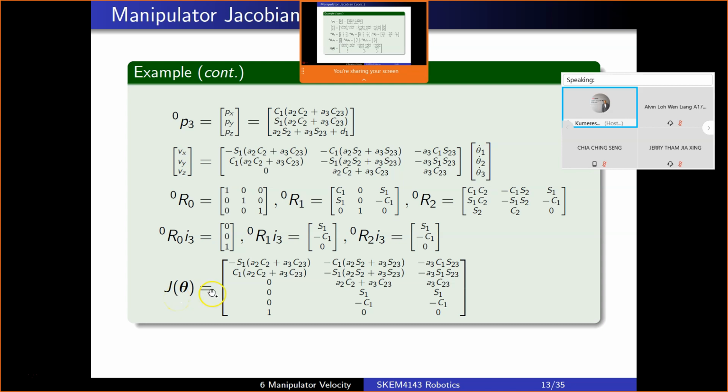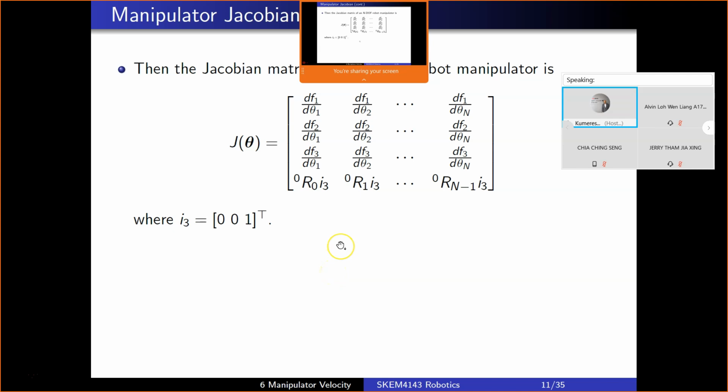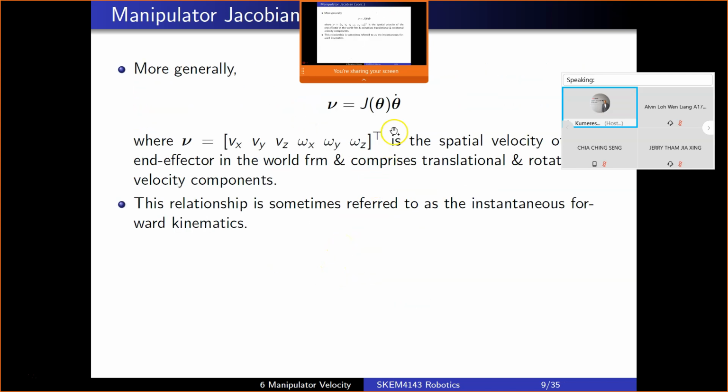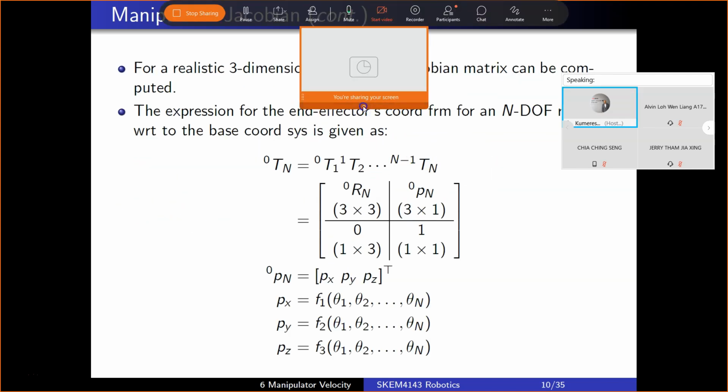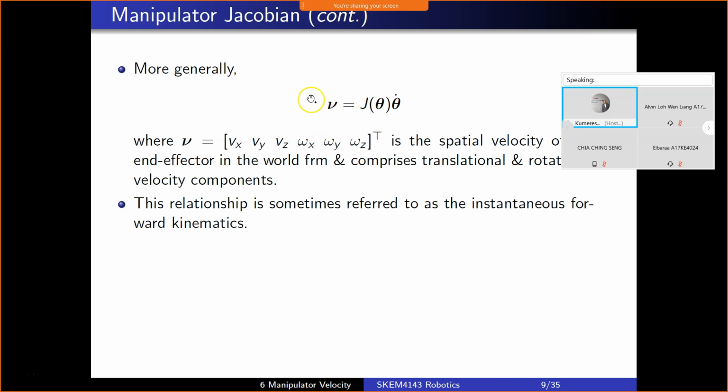So by now you should know what is a Jacobian matrix. And as you know, the Jacobian matrix maps joint velocity to spatial velocity. All right, that's the Jacobian matrix. It is a function of robot joint angles, and it's a relationship between the spatial velocity and the joint velocity.